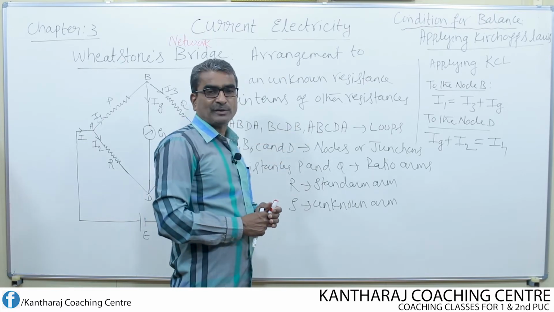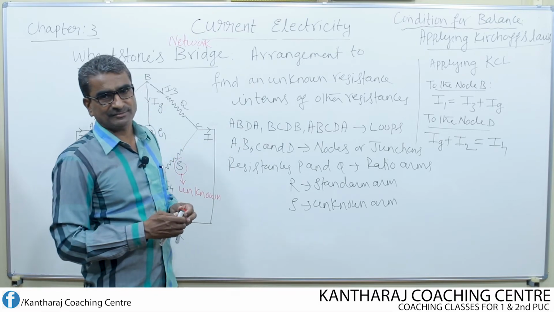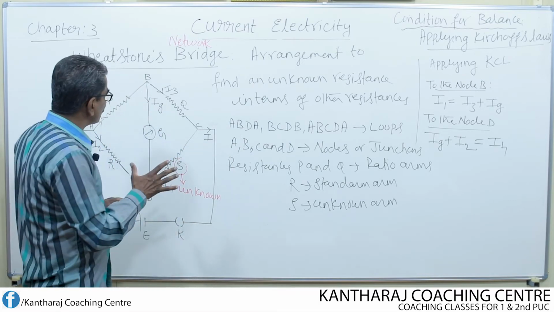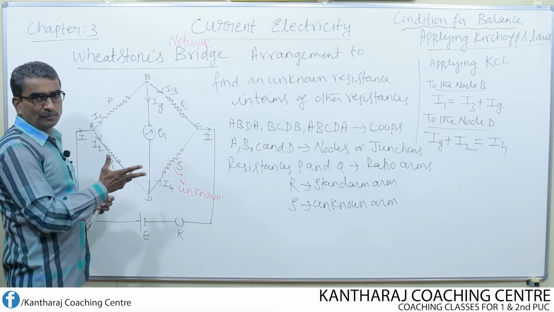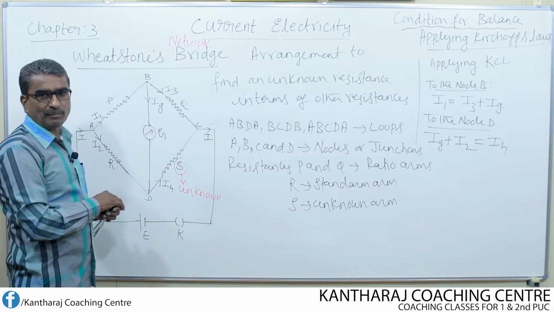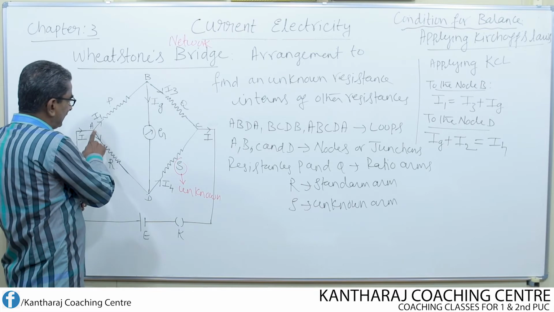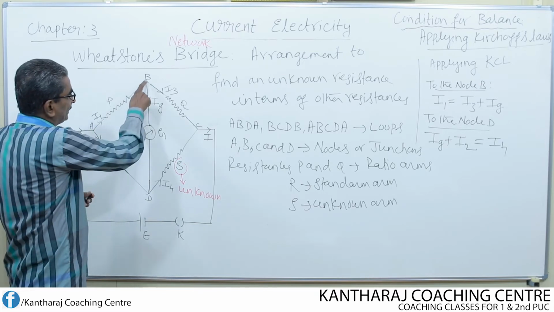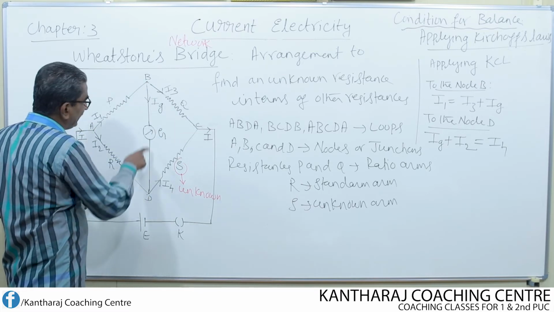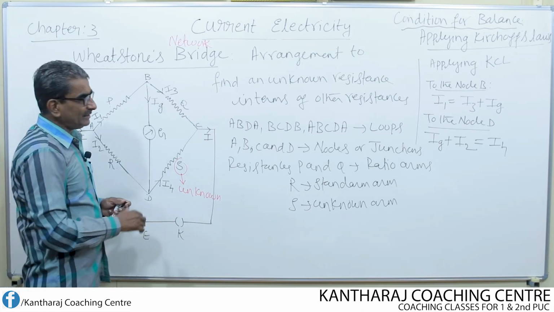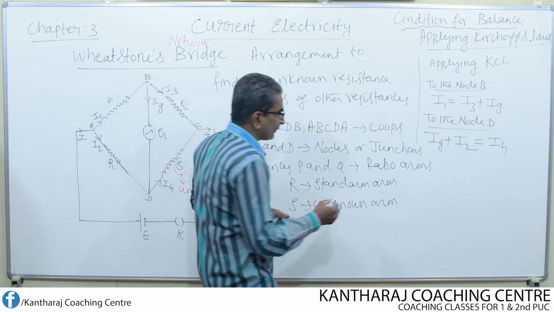Let us apply now Kirchhoff's voltage law to the mesh or the loop. For the two loops I am going to apply, one for the loop ABDA and again for the loop BCDB, and we write two equations.